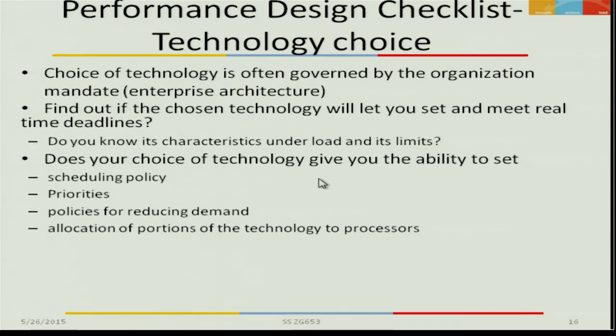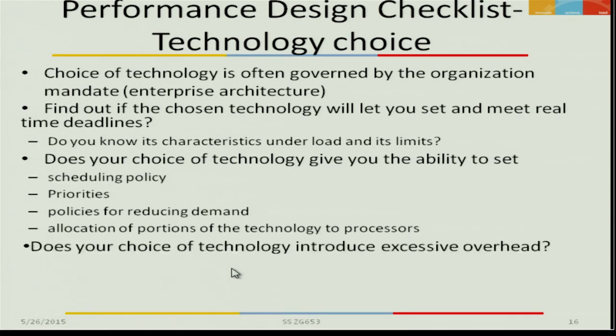Does your choice of technology give you the ability to set things like scheduling policies, priorities, policies for reducing demand, or allocation of portions of technology to different processors? Does your technology say that some part of the computation goes to processor A and some part goes to processor B? Do you have the control? So while selecting a technology tool, you need to look at these factors.